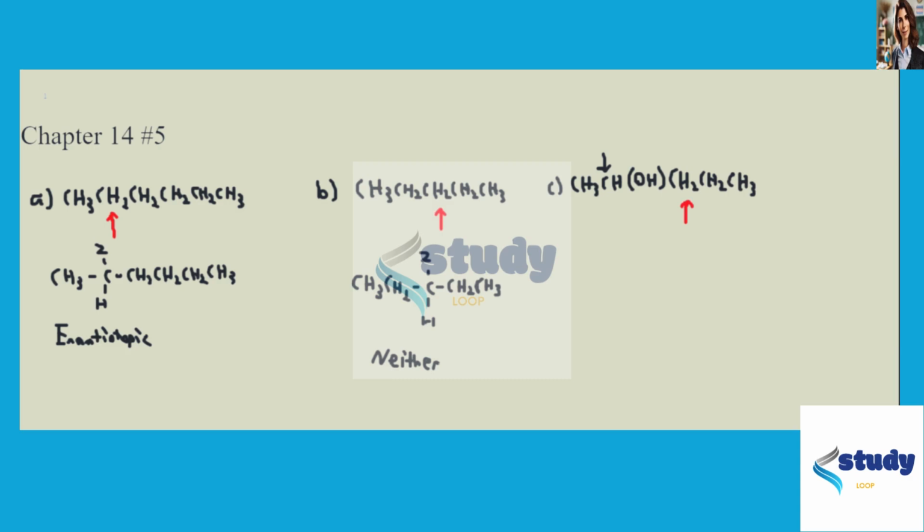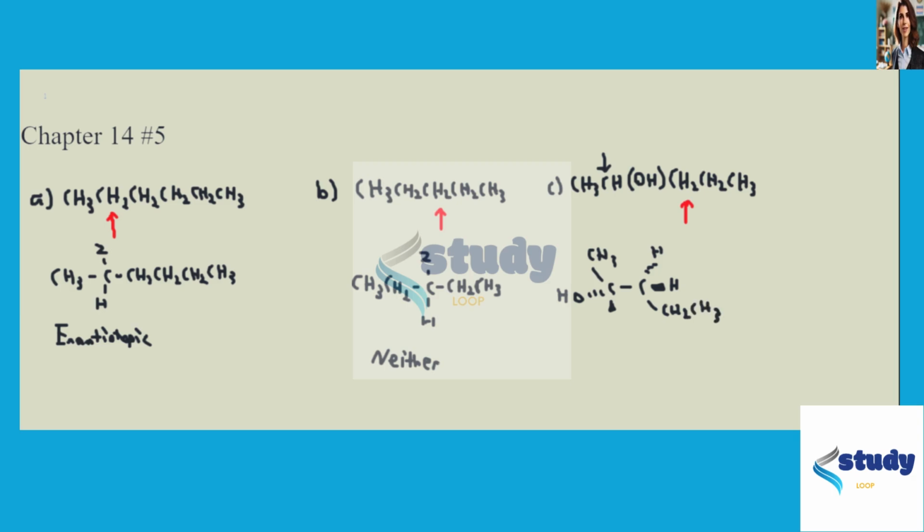If we were to redraw this molecule, we could draw it like this. So we could redraw this like this. C. CH2, CH3.